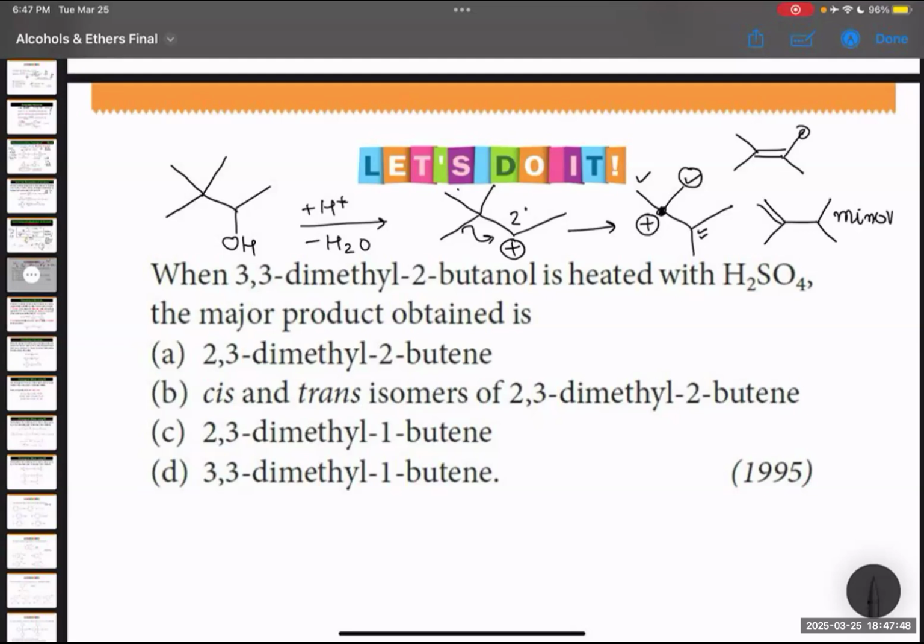Look, there are 4 carbon groups connected to the double bond. So this is the major product, and this is actually the minor one, having 2 carbon groups connected only to the doubly bonded carbon. On the other side you have just hydrogen. So what is the major product which is obtained? 2,3-dimethylbut-2-ene. It's very simple.